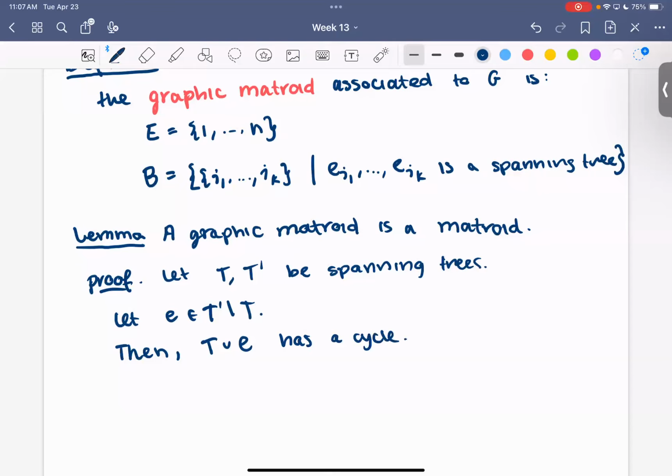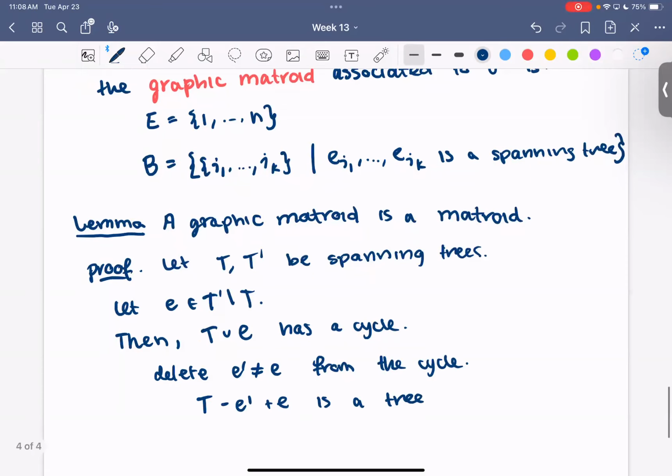So I'll delete some E prime not equal to E from the cycle. And then that means that T minus E prime plus E is a tree again. So that shows that graphic matroids satisfy basis exchange.